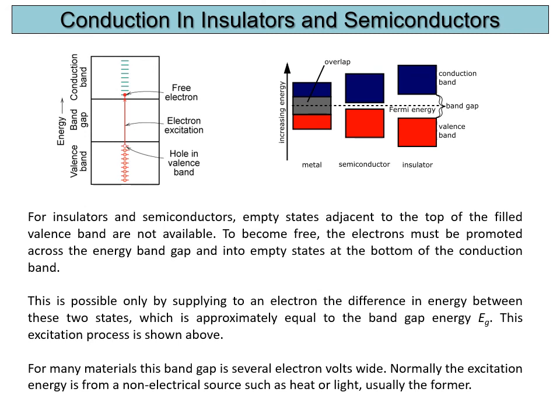This excitation process is shown above. For many materials, this band gap is several electron volts wide. Normally, the excitation energy is from a non-electrical source such as heat or light, usually the former.